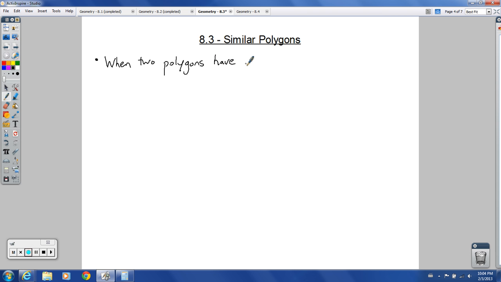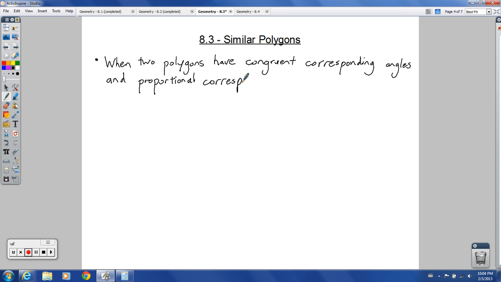When two polygons have congruent corresponding angles and proportional corresponding sides, let's underline those words.